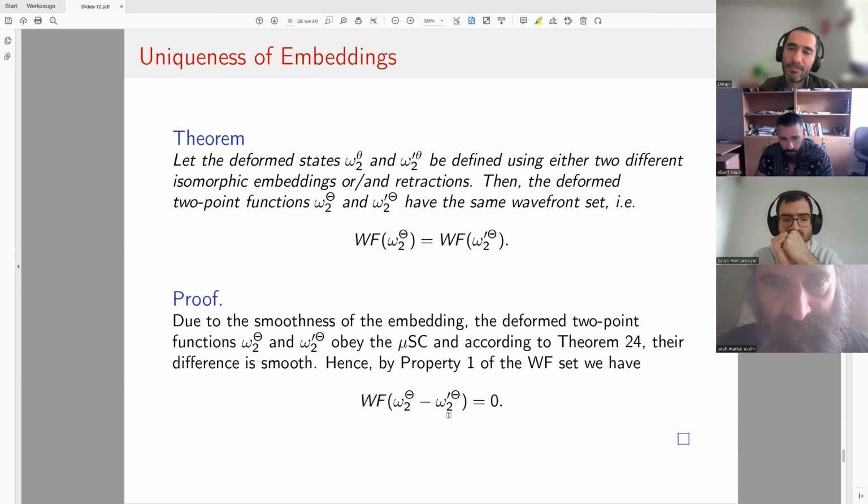The reason is that their difference is smooth functions, and thus the wavefront set is equal to 0, and then these things follow. But they contribute something after the regularization. Say their singularity may be Hadamard, but when you Hadamard regularize, one of them may give a different value than the other.